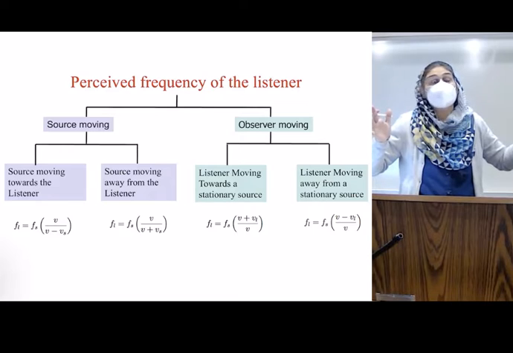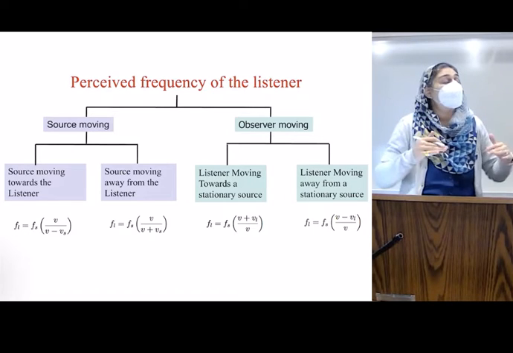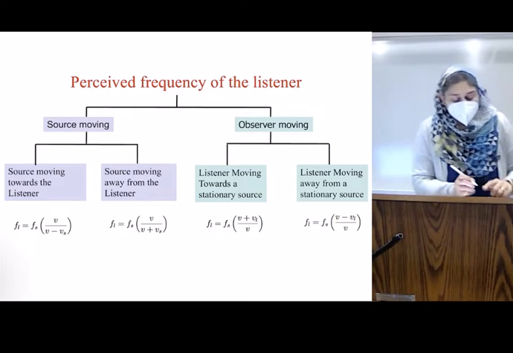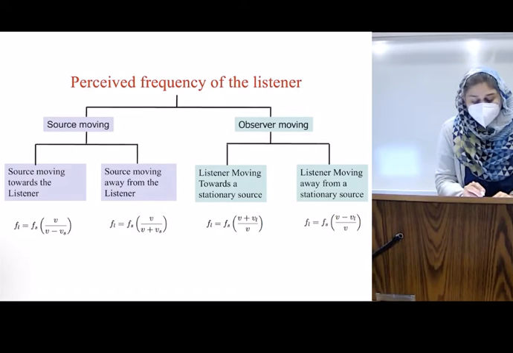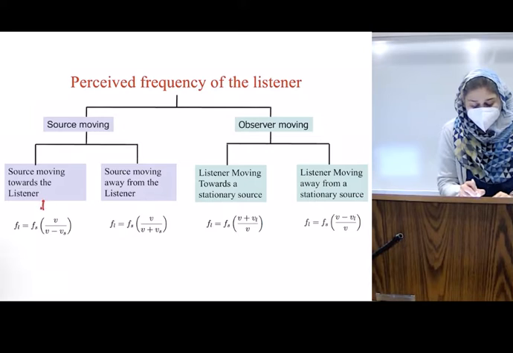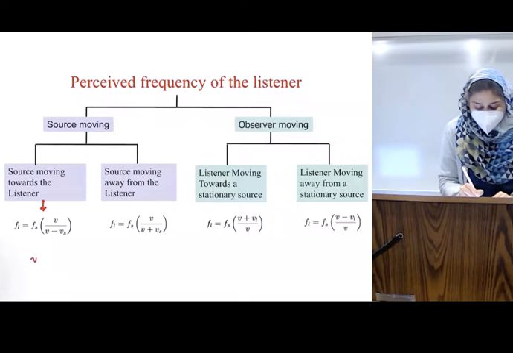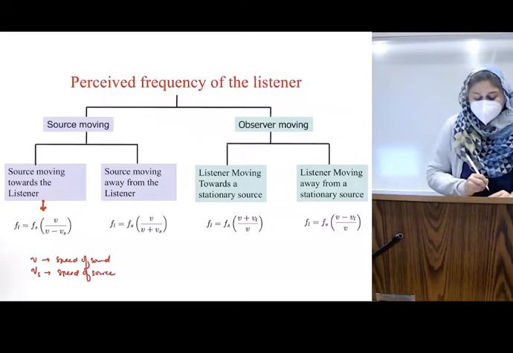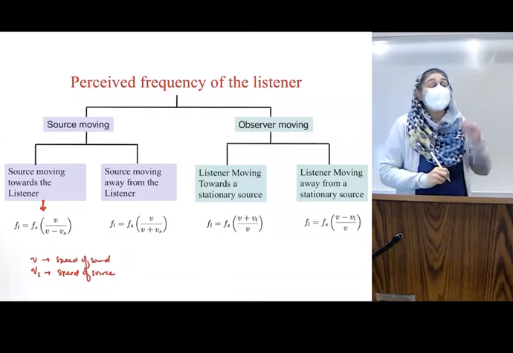Okay? And then find the right formula that goes with it. So for example, if the source is moving towards the listener and V is the speed of sound, and Vs is the speed of source, then use these formulas.